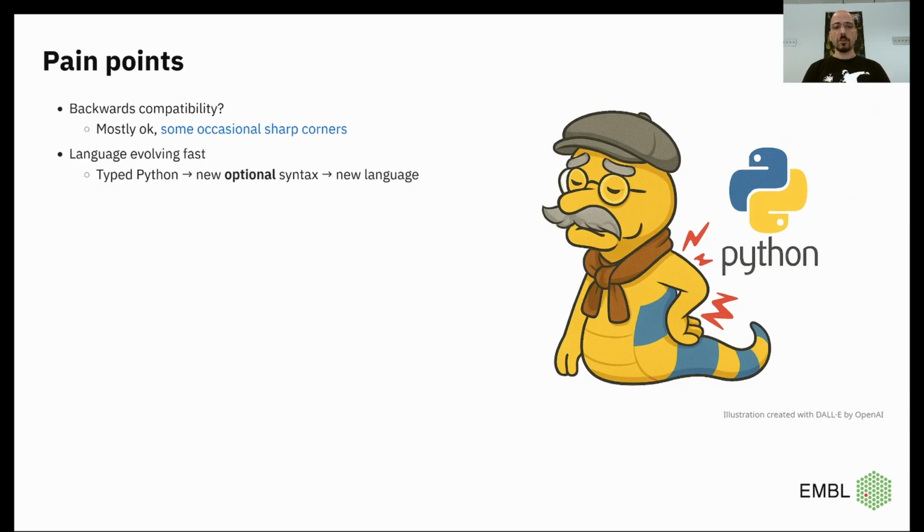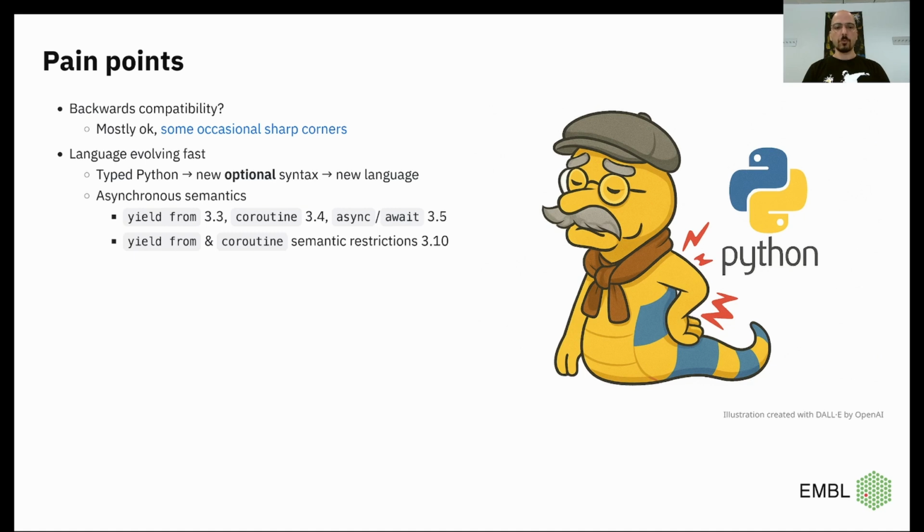Another pain point is that sometimes the language evolves quite fast, and usually it evolves in ways that are optional. For instance, a new typing syntax has been introduced in Python, and this is optional. But as we will see later, this does look like a completely different language from a language point of view.